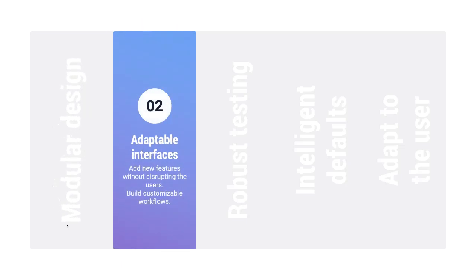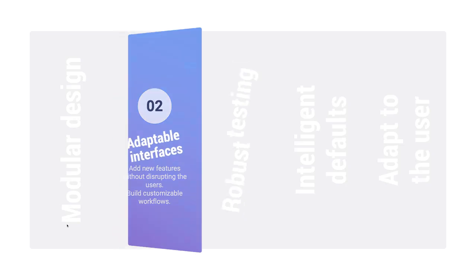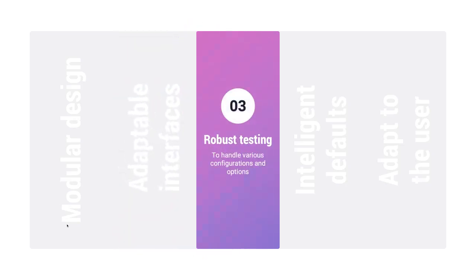Think about how you can add new features without disrupting the existing user experience. Build in customizable workflows to suit different use cases. What works for one industry might not work for another. Implement robust testing frameworks that can handle various configurations. The more flexible your system, the more important comprehensive testing becomes.